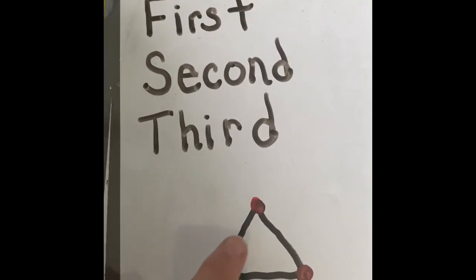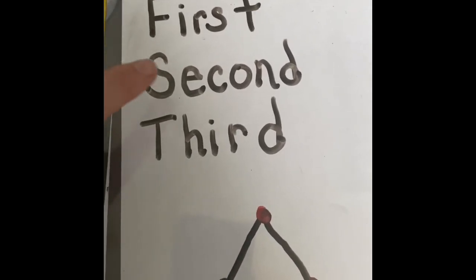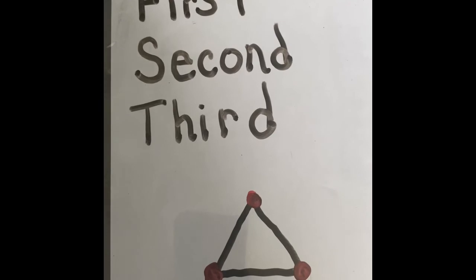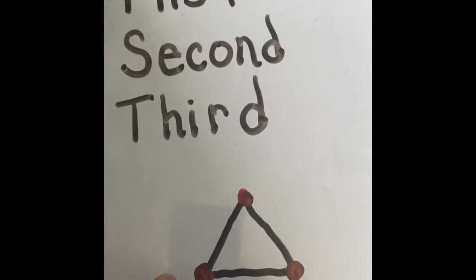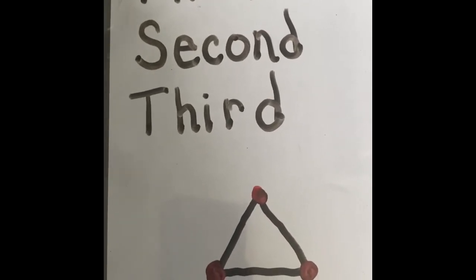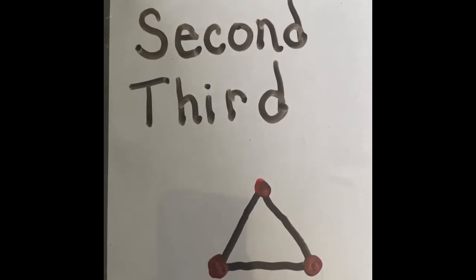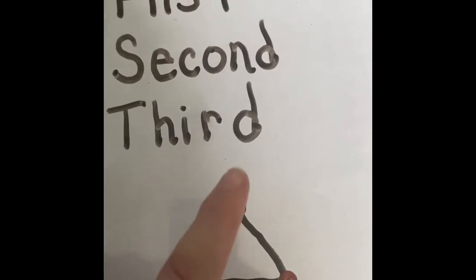Yeah, we finished the side and called it a triangle. What did we do second? We found the points, corners, vertices, and colored them in red. And what did we just do third? Yeah, you got it. We counted the sides.